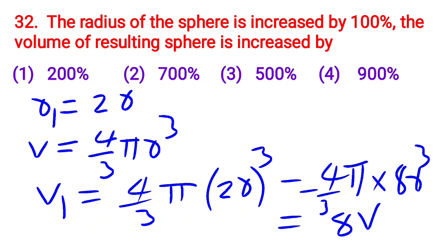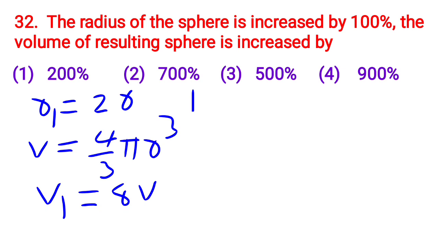After increasing the radius by 100%, the new volume is 8 times the previous volume. Now let's find the required answer, how much percentage the volume increased in the resulting sphere.